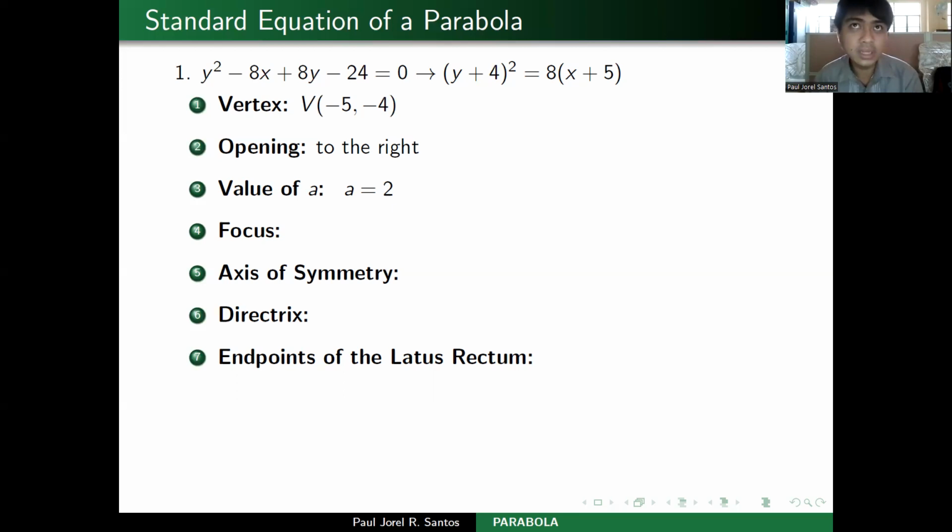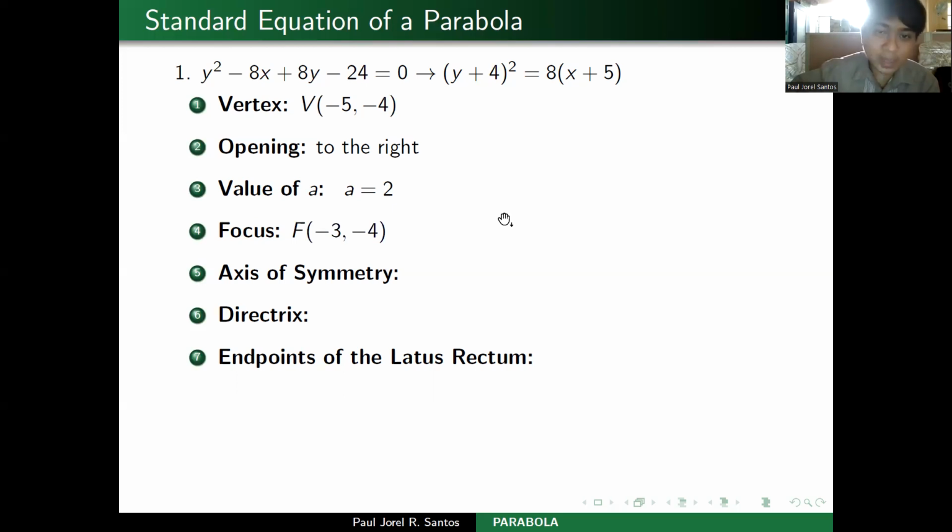Okay, we will be using the third one in our formula for the focus. And that will be h plus a and k, which in this case is negative 3, negative 4.